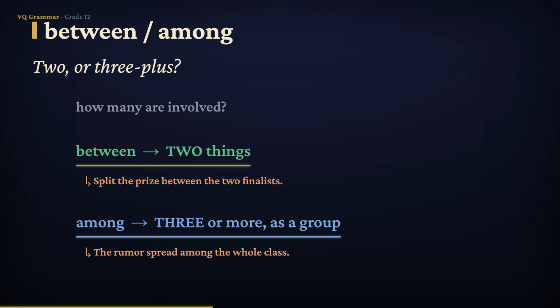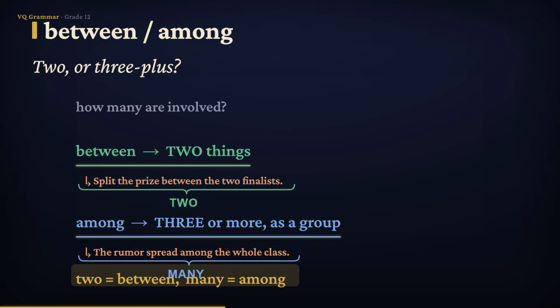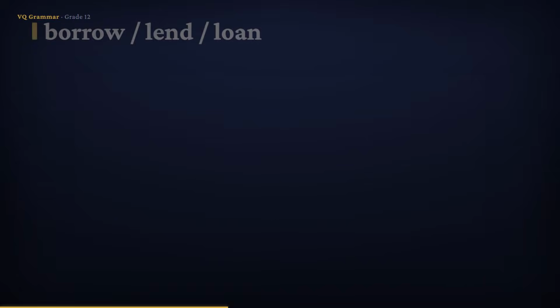The rumor spread among the whole class, many students, all mixed together. Picture it this way. Between draws a line connecting 2 points. Among sprinkles something through a crowd. So count first. 2 means between. Three or more means among.